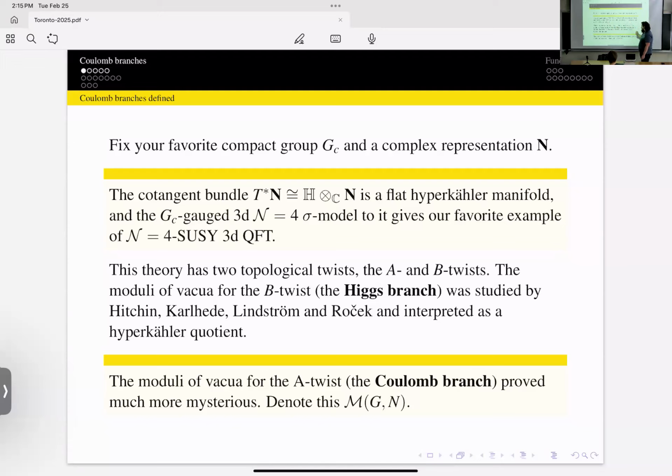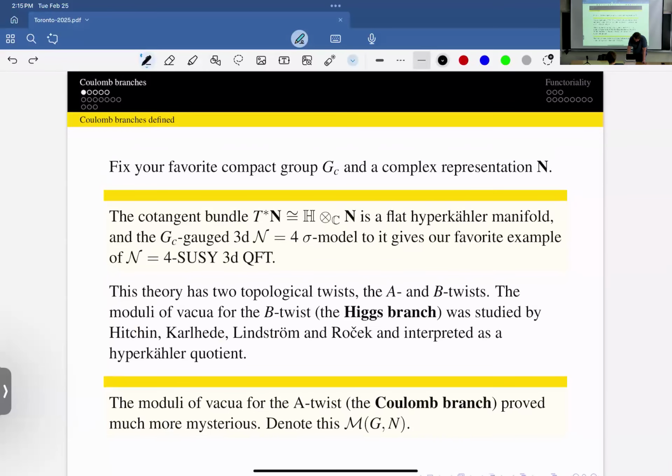So for one of these twists, for one of these theories, the moduli space of vacua, I probably should have mentioned that. What that means is I look at the spec of the Hilbert space assigned to S2.